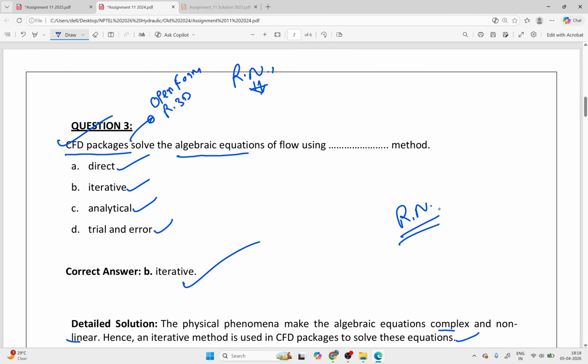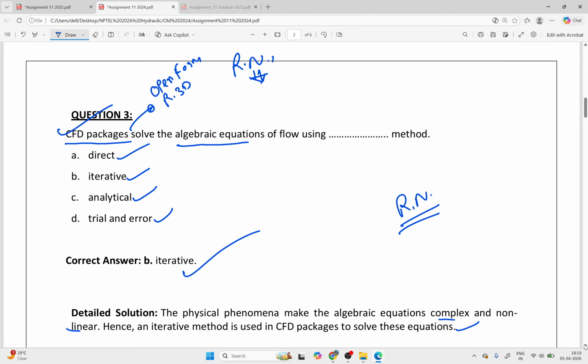As you know, the Newton-Raphson method is an iterative kind of method. So such type of methods. What I am telling about Newton-Raphson here is that you need to understand what is iterative.